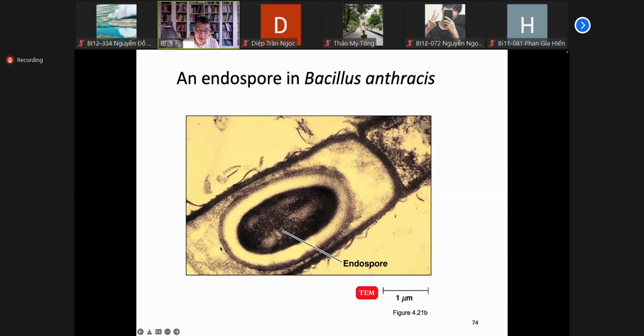So you can see, the process is like this. This is studied by Harvard professor Losick for many years, in much detail.